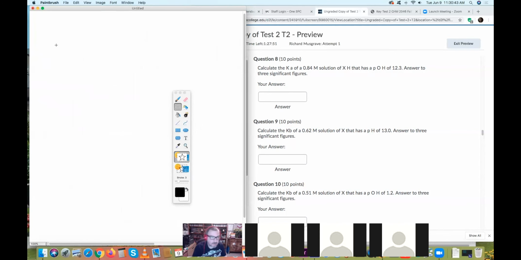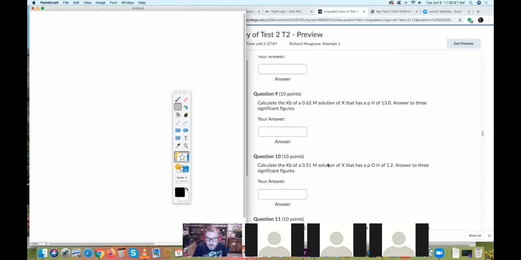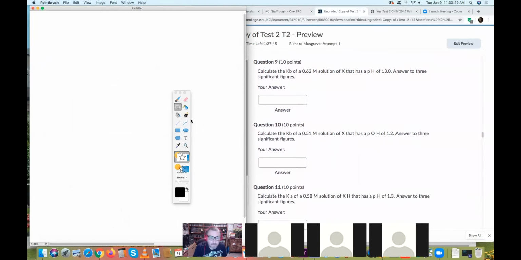See, in this case we had to do the subtraction. Let's look at the next one. Actually, I'll look at number 10 just for kicks. We'll come back to 9. But looking at number 9, we've got Kb here, which is X plus water. Actually, I'll do the water plus X and make it look a little bit prettier.